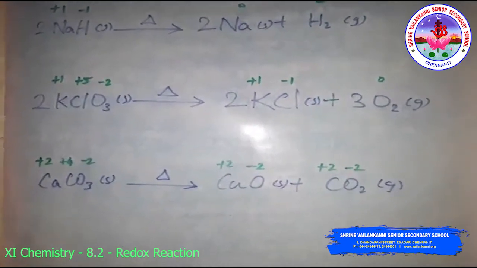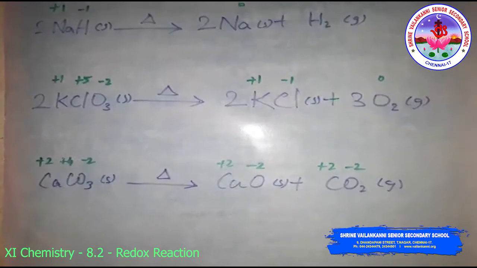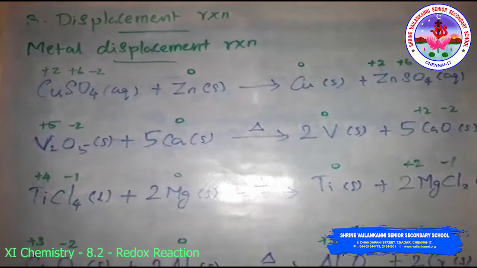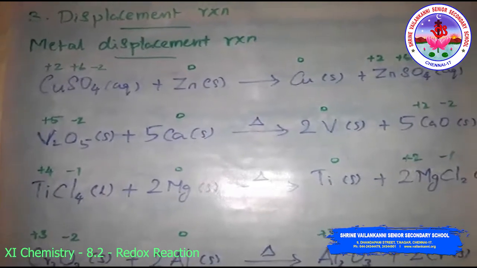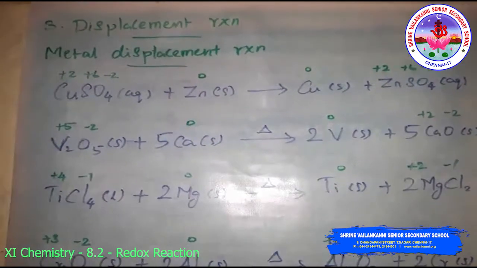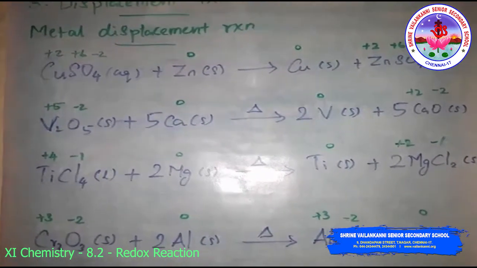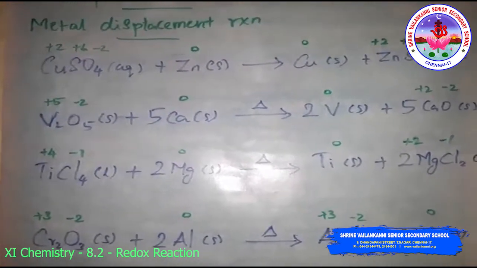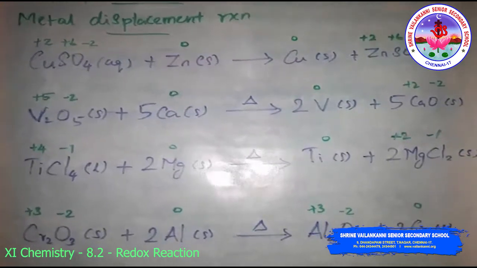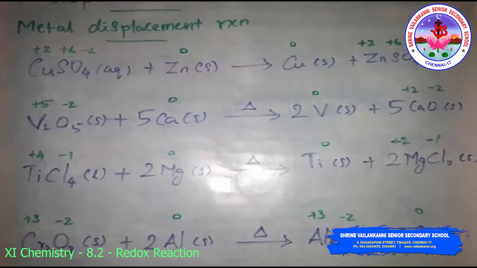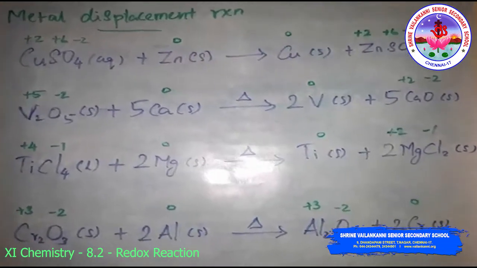Next is the displacement reaction. Displacement reaction has two types, that is metal displacement reaction and the non-metal displacement reaction. See, generally the displacement reaction means an ion or atom in a compound is replaced by an ion or atom of another element.